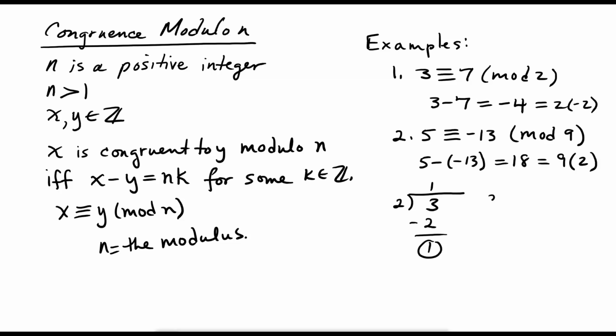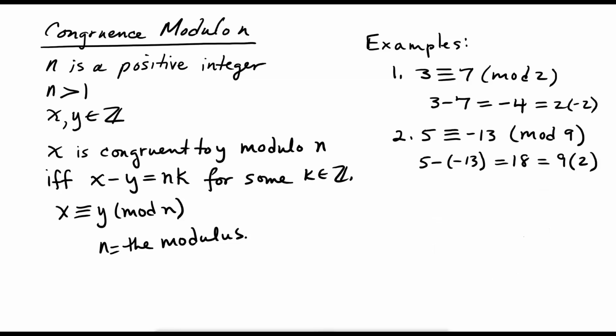If I were to divide 2 into 7, it goes in 3 times, and again the remainder is 1. So two numbers are congruent also if you take the modulus and divide it into the numbers, and you end up with the same remainder. So I know that 3 is congruent to 7 modulo 2.